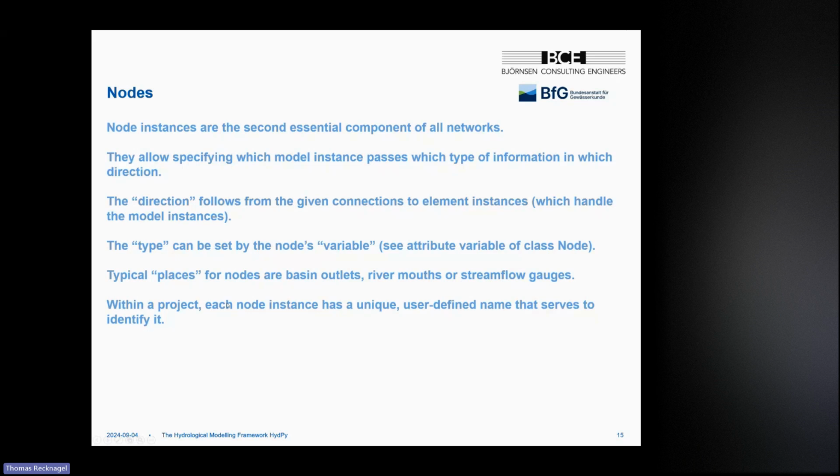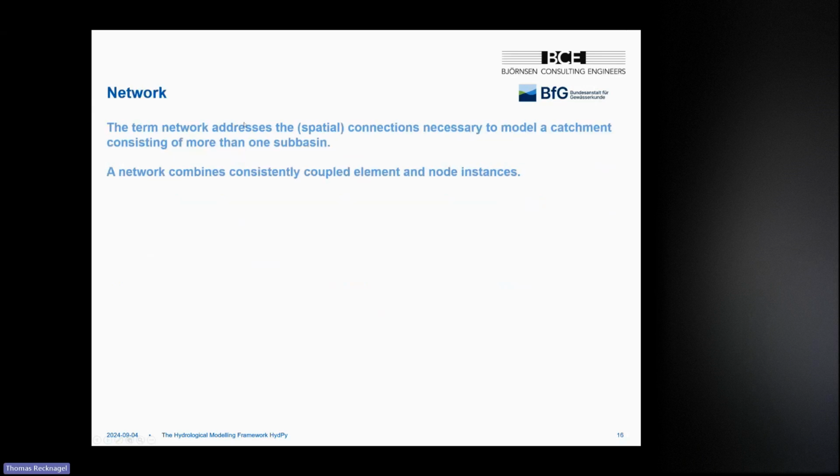Also within a project, each node instance has a unique user-defined name that serves to identify it. In general, elements are only connected to nodes and nodes are only connected to elements. The term network addresses the spatial connections necessary to model a catchment consisting of more than one subbasin, and it combines consistently coupled element and node instances.